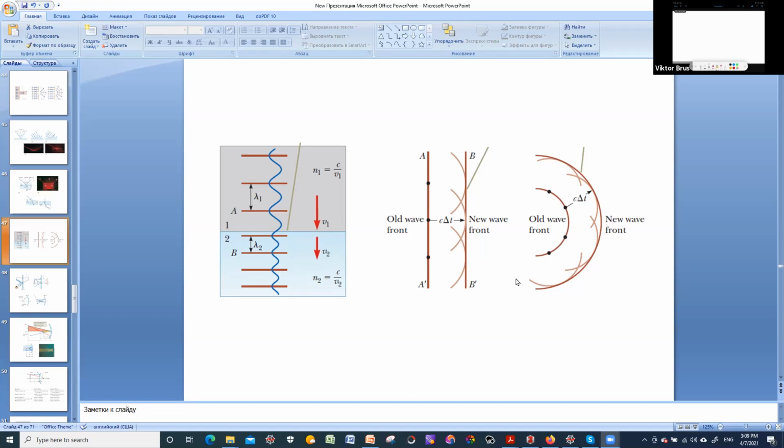And these spherical waves are called wavelets.